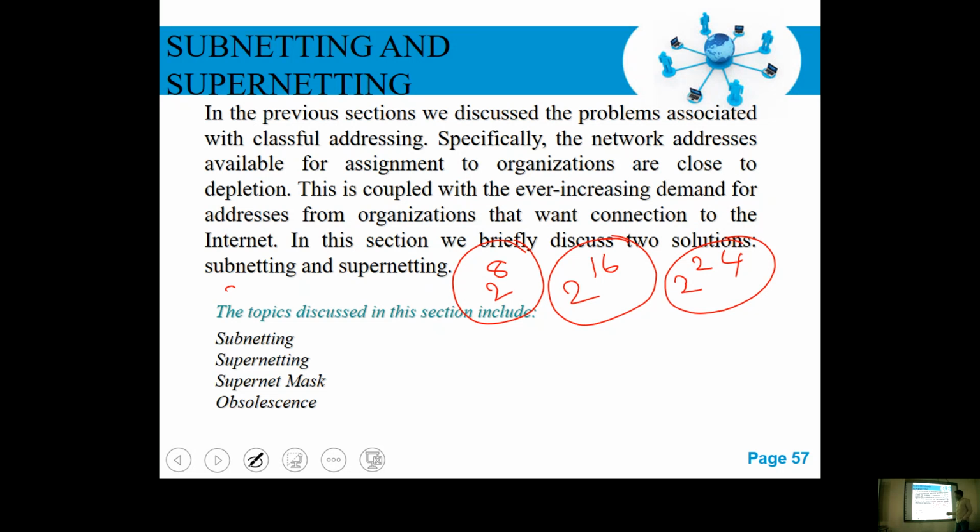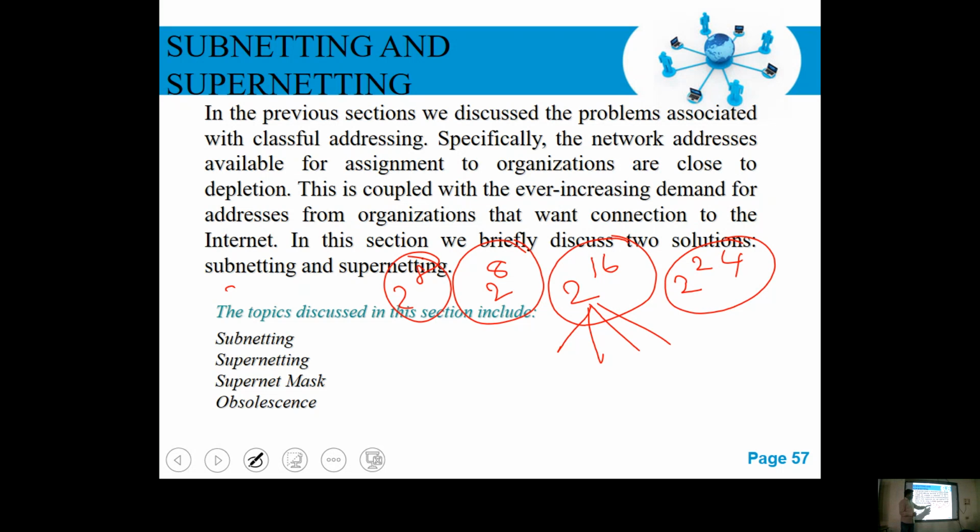Whenever the number of IP addresses available is less than our requirement, maybe I can combine two such groups and try to cater to the needs of an organization. And if I have a large block, maybe I can divide it into several groups and give them to multiple organizations.